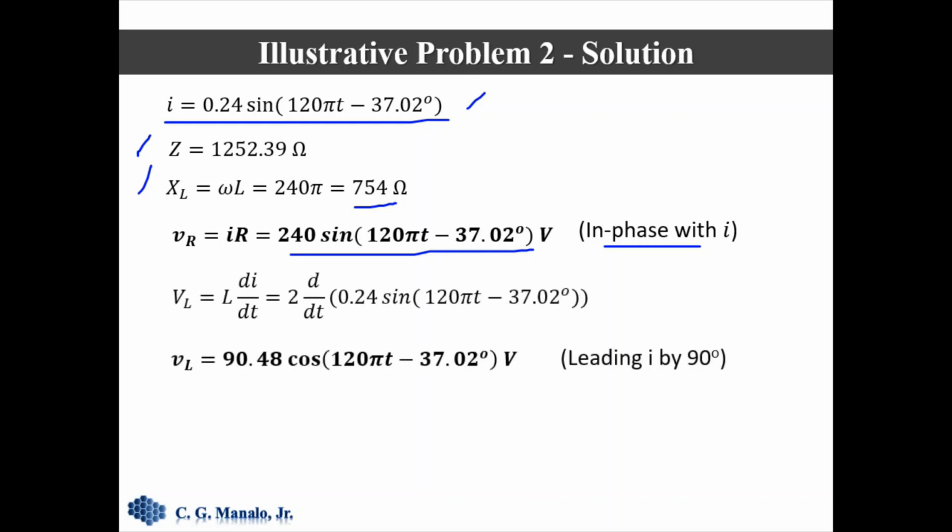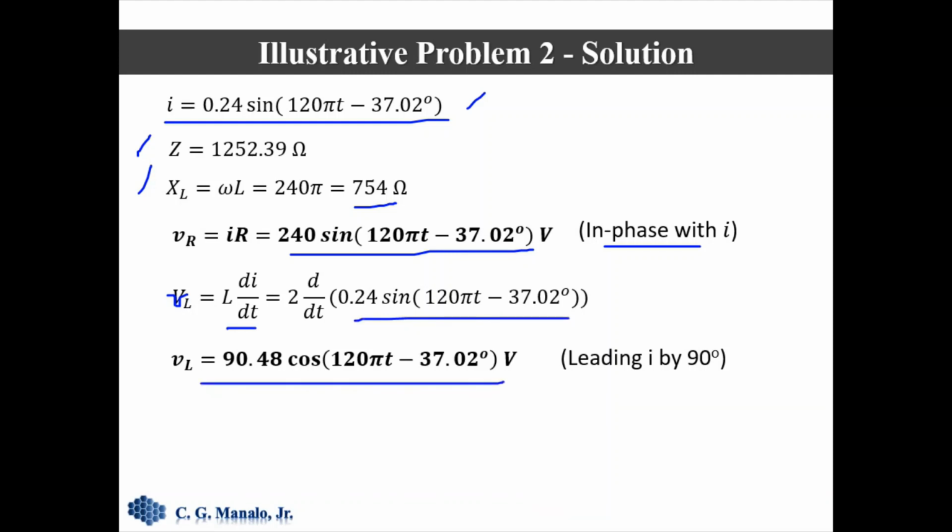For V sub L, this is a small letter v_L, that is L dI/dt. L is 2 Henry. So we get the derivative of I, and that should give us this one.